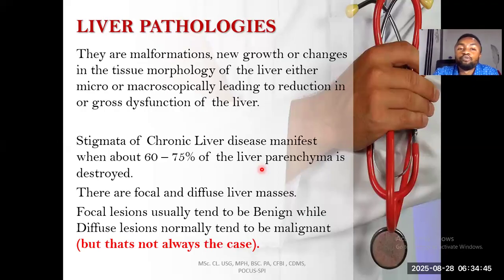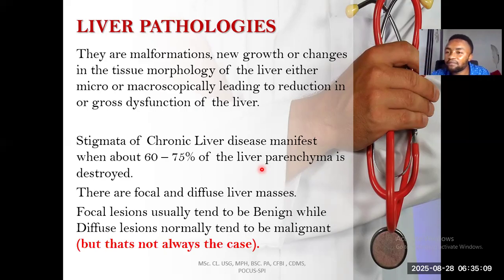So there are malformations, new growth or changes in the tissue morphology, like the state of it, the shape, the size of the tissue of the liver. Either micro, meaning small, or macro, big, leading to reduction in or gross dysfunction.